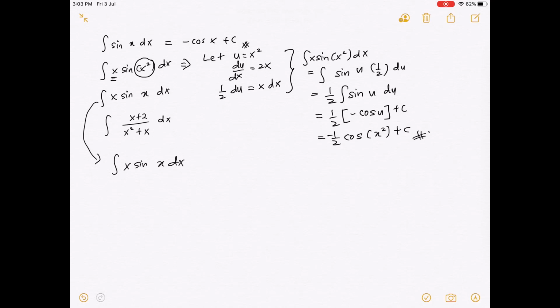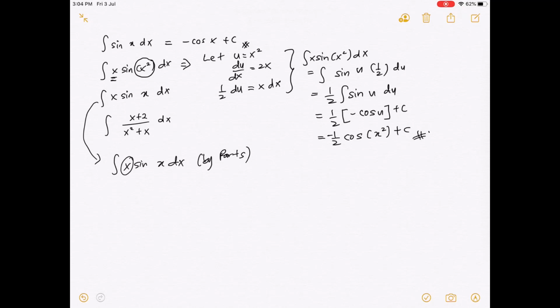And in this problem, if I differentiate x, I will get 1, which is not there. And if I differentiate x on the algebraic, then how about sine, right? So we use by parts. We don't use substitution, because if we use substitution, there's no variable to be substituted.